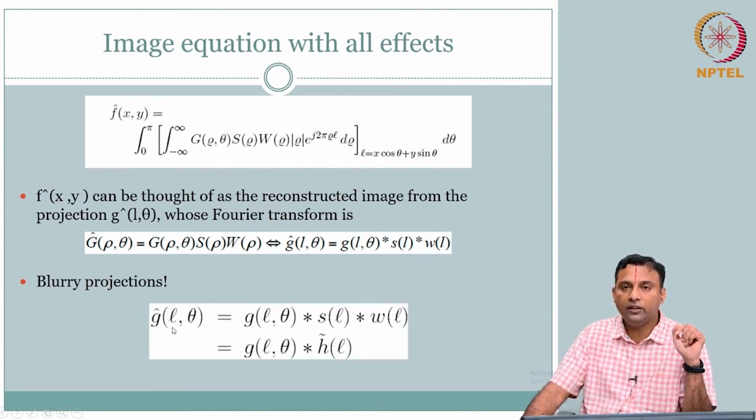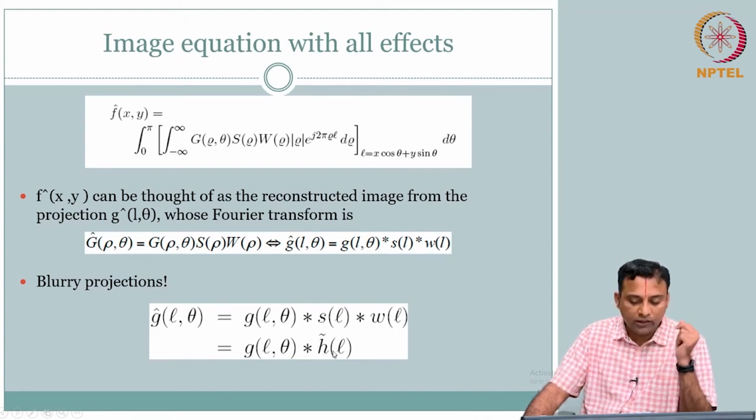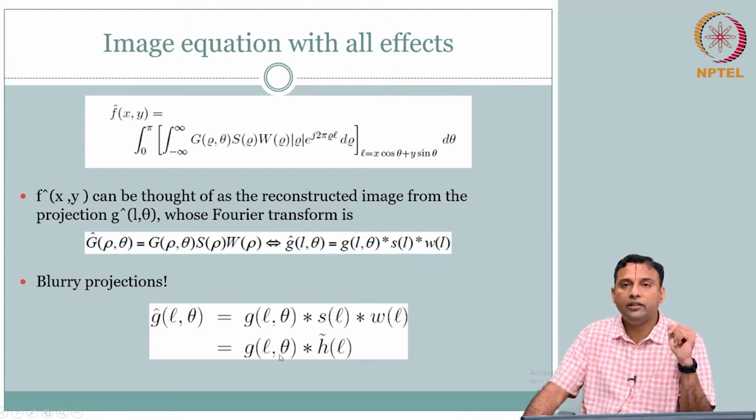So your g of L comma theta gets blurry because of this. This we can call H tilde of L. This is, in some sense, the blur caused by these two.